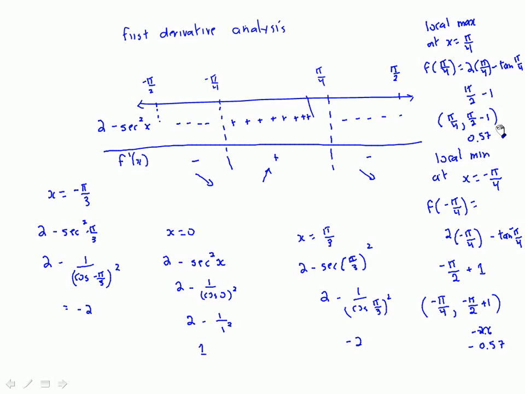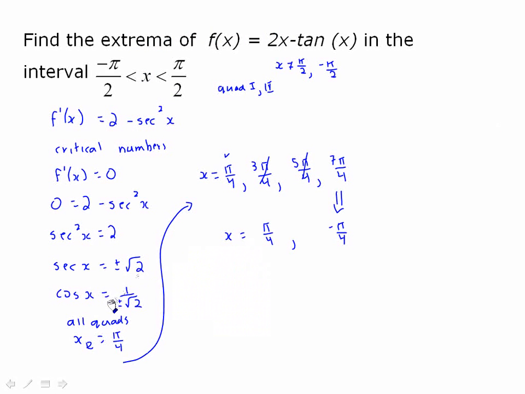Now before we take a look at the graph, I did create a graph for this one. I should bring up something that you're probably wondering out there. For the critical numbers, when we set this equal to 0, you're probably thinking, okay, secant is 1 over cos squared. So the fact is, other critical numbers are where f prime at x doesn't exist. Now I didn't bother with it because it wasn't an issue. But you're thinking 2 minus 1 over cos squared x.